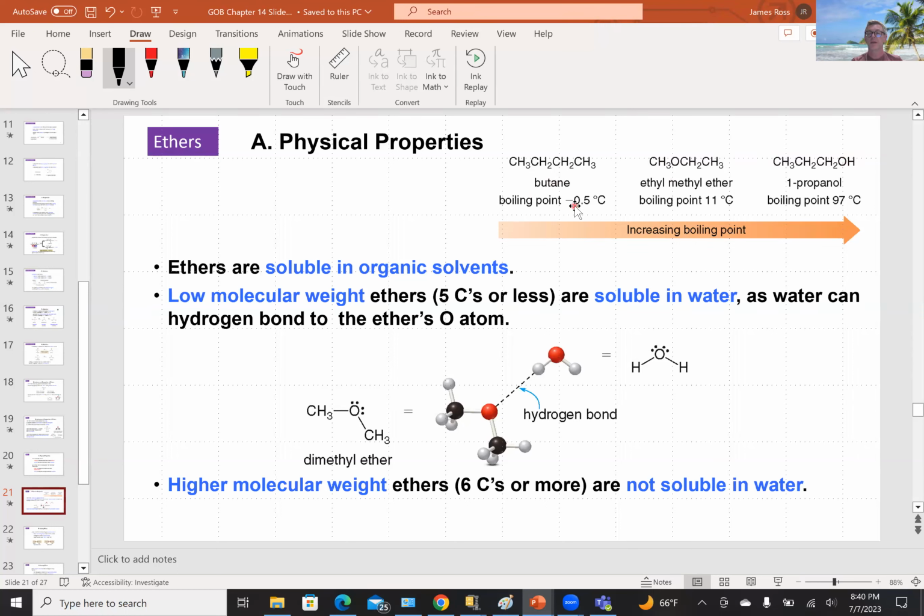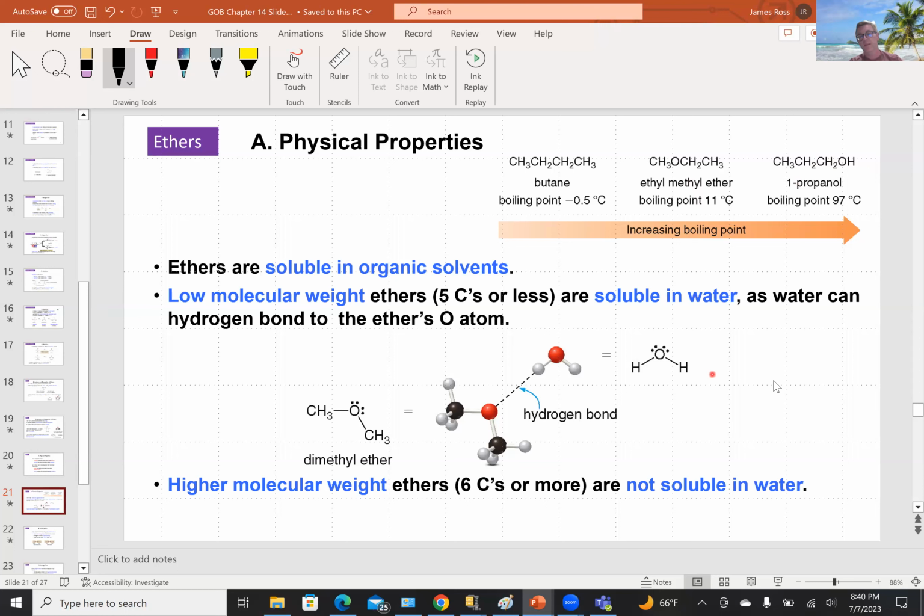You can see that there are only London dispersion forces in butane, a very low boiling point. With the addition of dipole-dipole forces in ethyl methyl ether, we've raised the boiling point significantly. It's still pretty low, a lot higher than butane, but we've dramatically increased the boiling point of 1-propanol because of hydrogen bonding.